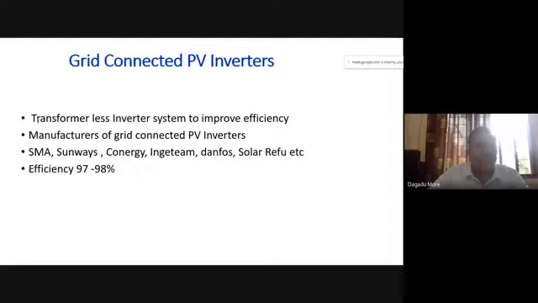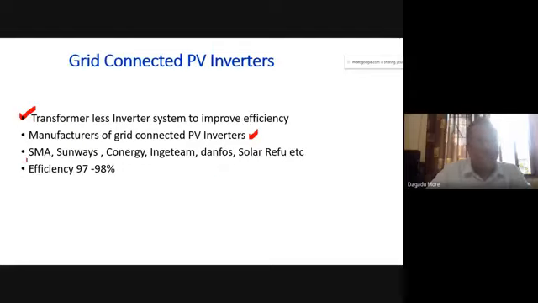So we have seen that we can go for a transformerless inverter system. We don't require the isolation transformer; we avoid it. And some companies are manufacturing this type of inverter where we don't require the isolation.